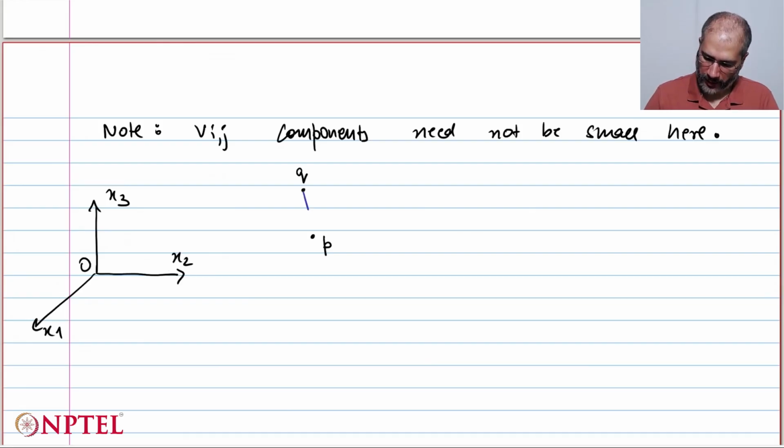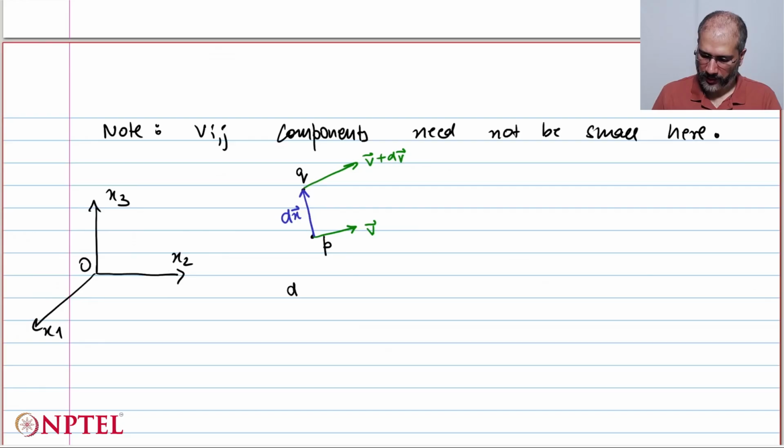So this vector joining P and Q is our d small x vector. Let's say the velocity of the point P at that instant is v, and the velocity of point Q is some v plus dv. It is very similar to what we had discussed in solids. So the velocity of point Q, which is close to point P, is the velocity at point P plus some differential velocity.